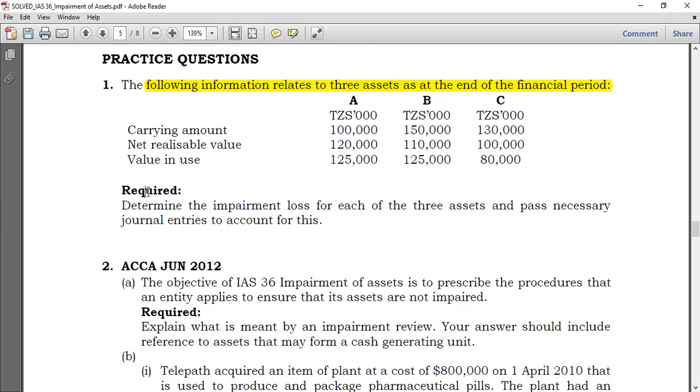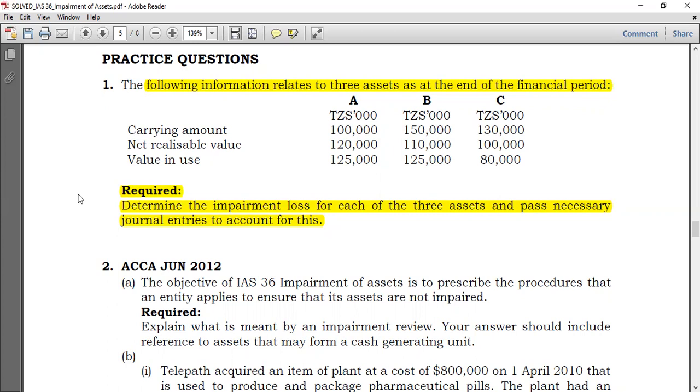Now, what are we required to do? We are told here to determine the impairment loss for each of the three assets and pass necessary journal entries to account for this. So that's what we need to do. Determine the impairment loss and pass the necessary journal entries, double entries. No need for narration, you just need to know how to pass them.